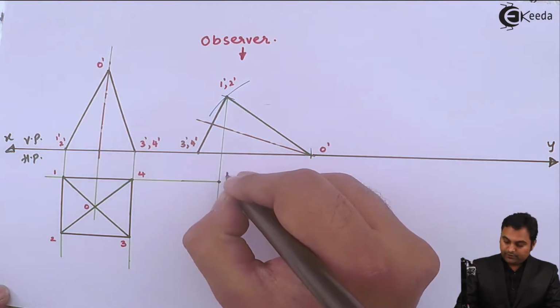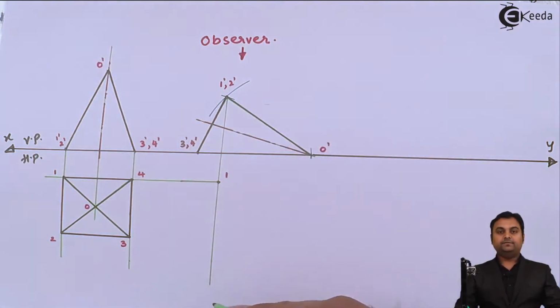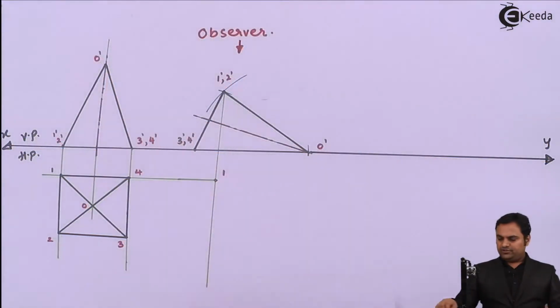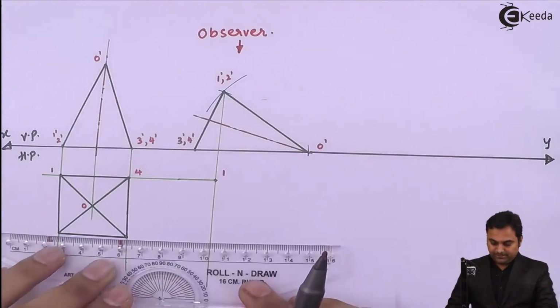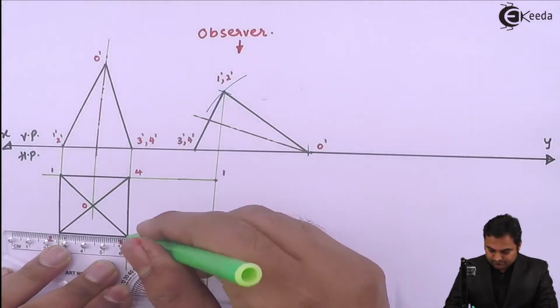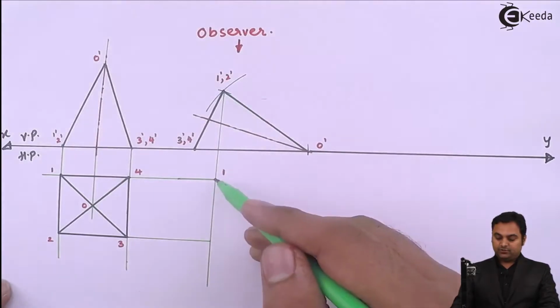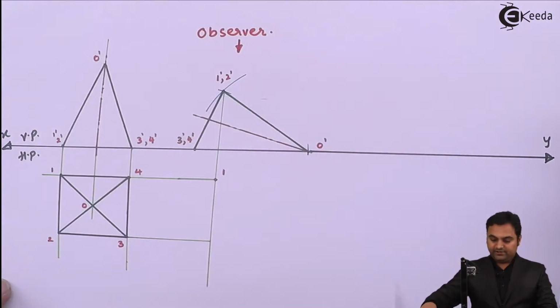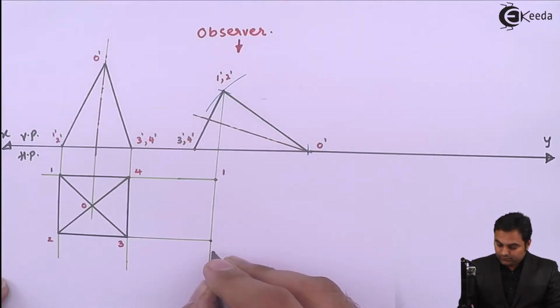This will be point 1. Next, point 2 is on this same line. Now here I have projected point 1. Similarly, point 2 will be projected. 1 dash and 2 dash are lying on the same line, so 1 and 2 will be on the same line here. This is point 2.